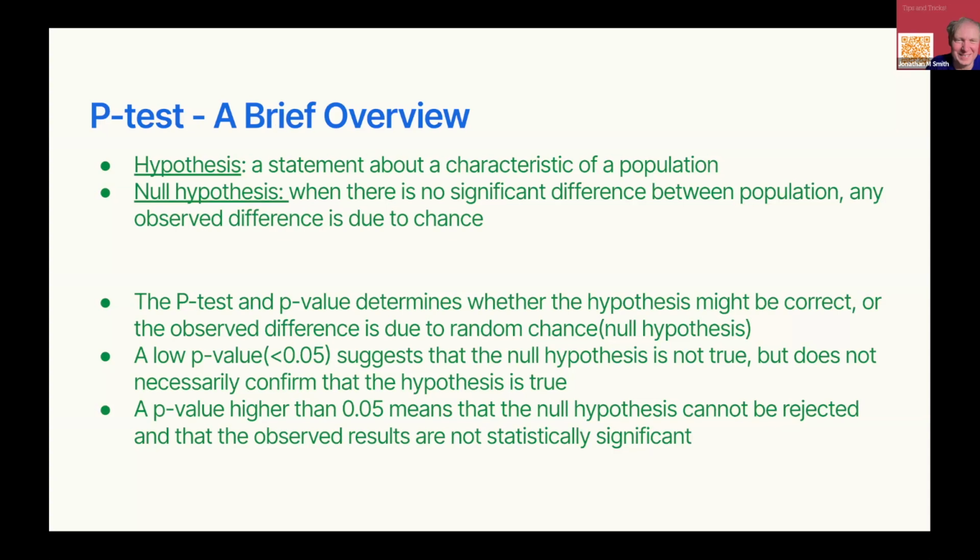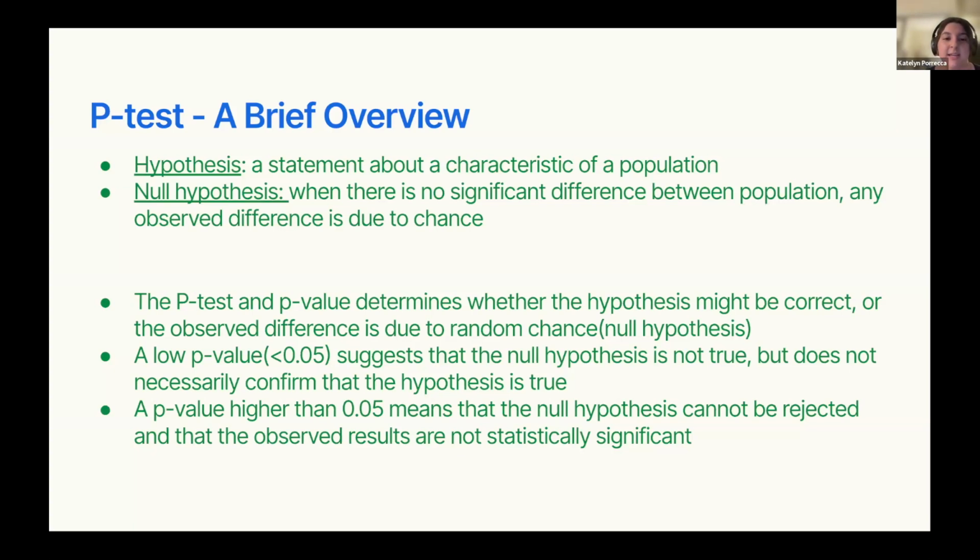Oh, right. I just wanted to talk about p-tests as well, because I found this the most confusing when I took this class. I would say the very first thing you want to know is hypothesis versus null hypothesis. We've all heard of a hypothesis before. You make a statement about a characteristic of a population based on a set of observations, a set of data.